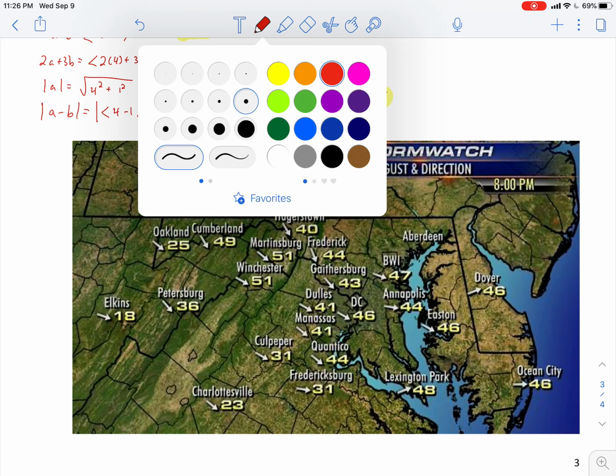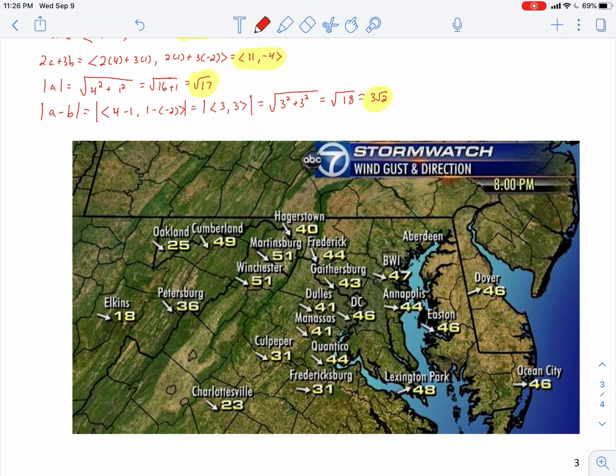It says that the wind is going southeast at 23 miles an hour. And so if this was a true vector, we would denote that by, say, that vector. But let's look at Lexington Park, and now we have the direction of that wind, but it's 48 miles per hour.